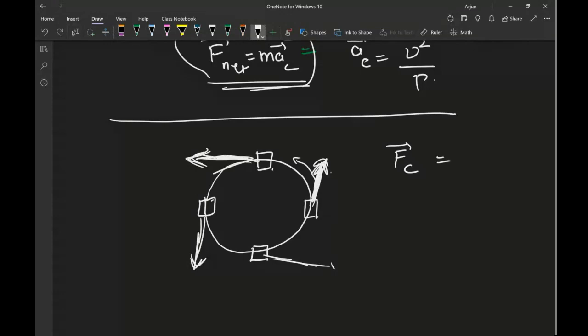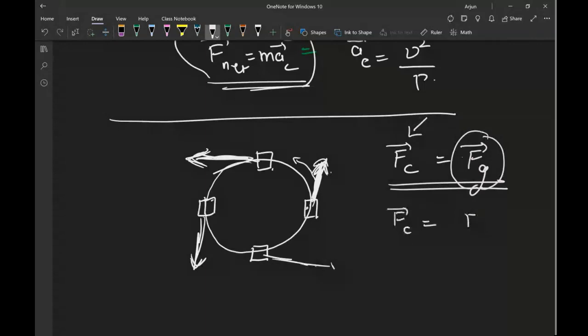So what is the force which is keeping the car moving in the circular direction? That is Fg. So Fg is equal to Fc in this case. Whatever Fg force is, that's keeping the car moving in the circular direction. So Fc is equal to Fg when a car is taking a circular turn.